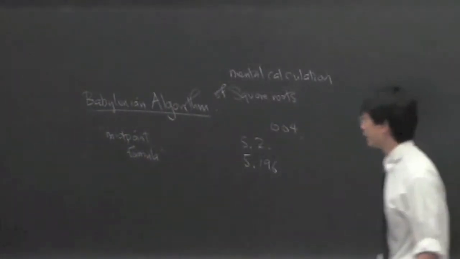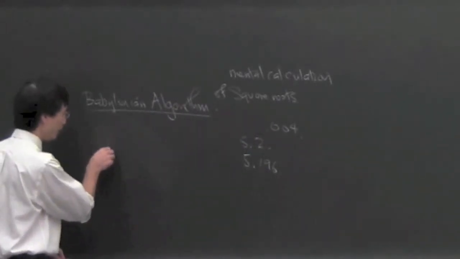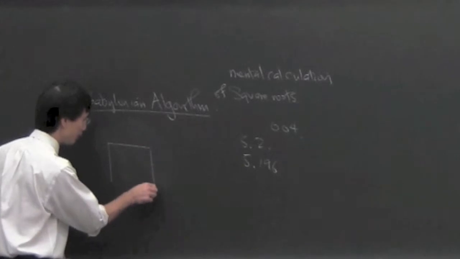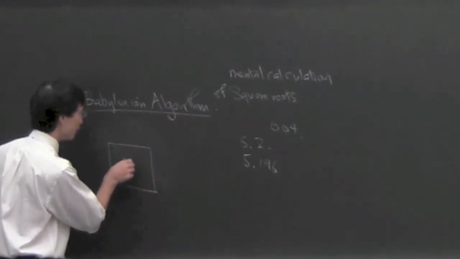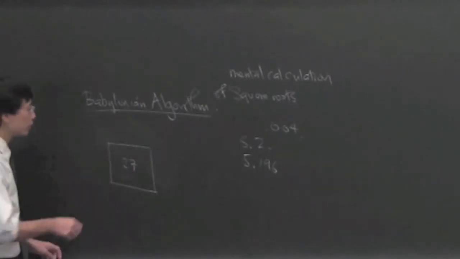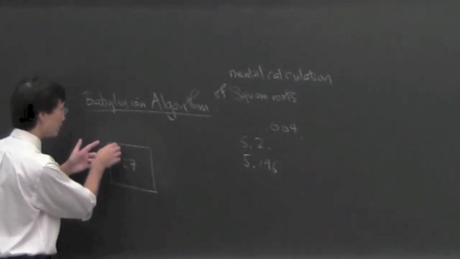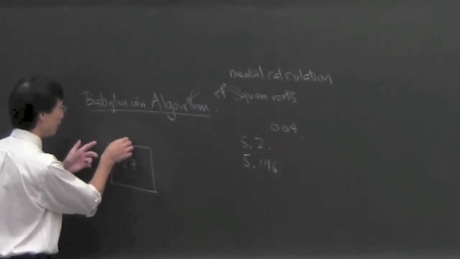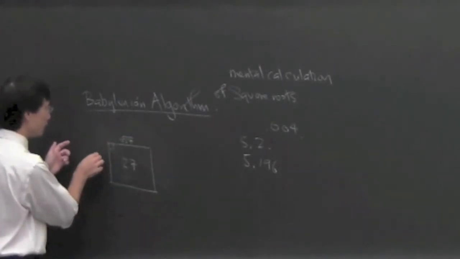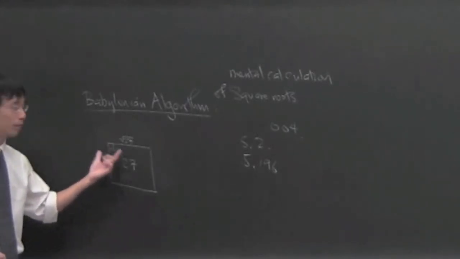So here's the idea. If you knew the square root, here is 27, then you would have the lengths of a square. This would be root 27, and this would be root 27, right?